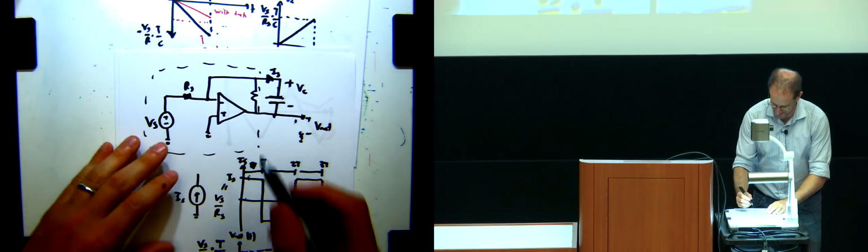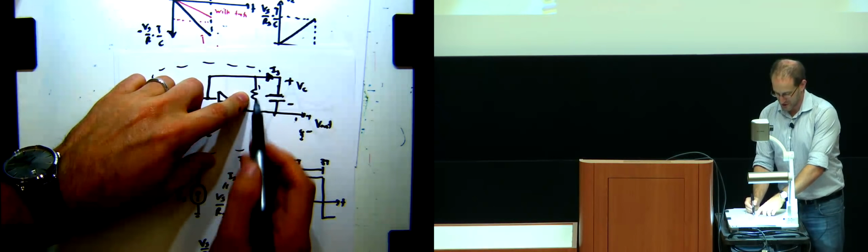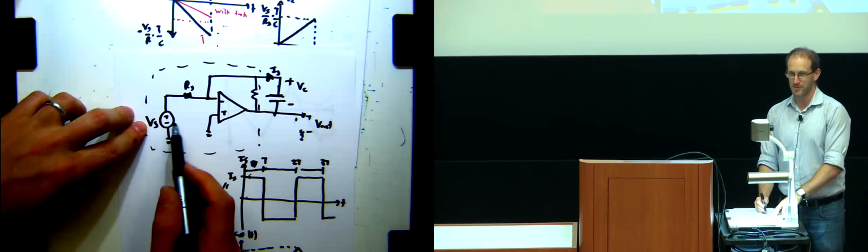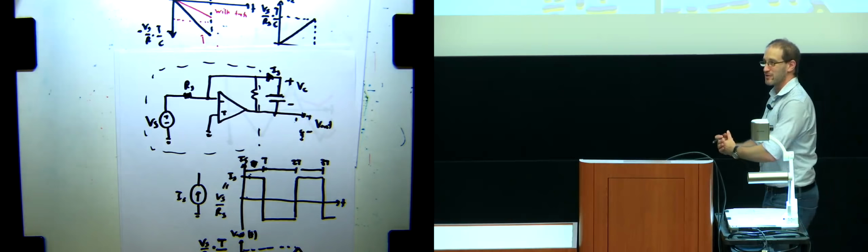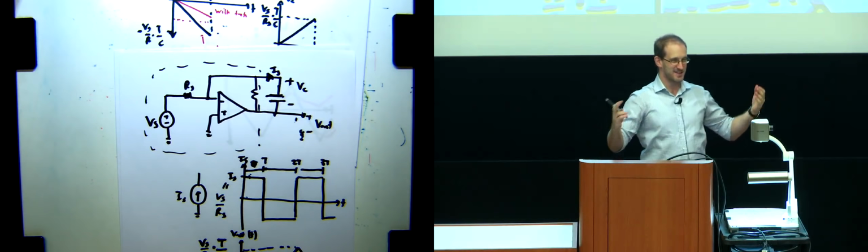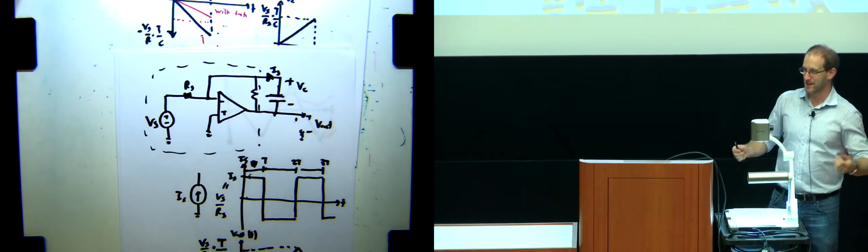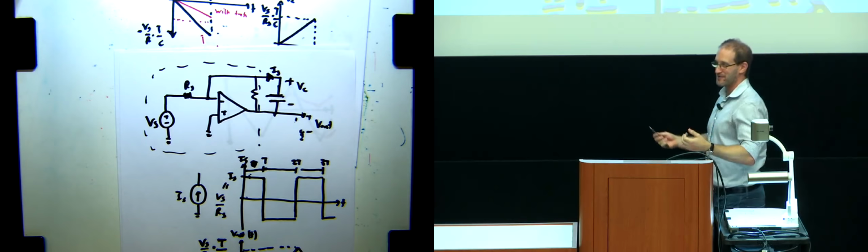Okay, so the idea here is that if I add this resistor in, let's assume for a moment that I want to look at just what happens over a very, very long period of time. In particular, I want to pretend that there are no variations in any of this. I just want to look at, on average, the behavior of this circuit.